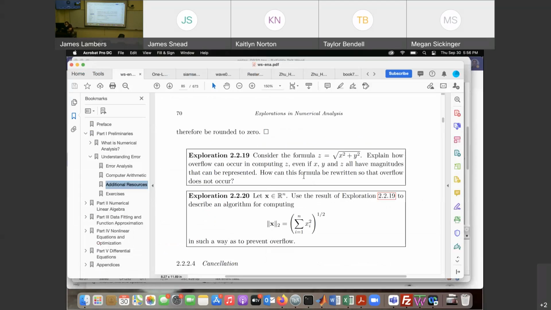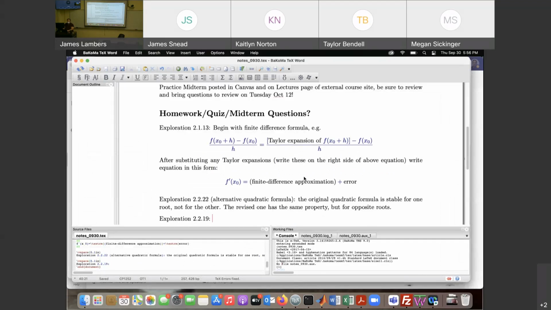Okay, so since you have to find out how overflow can occur, well, first I'm going to suggest an assumption, which really is one of those, as math professors often say, without loss of generality, but this makes it easier to discuss things.